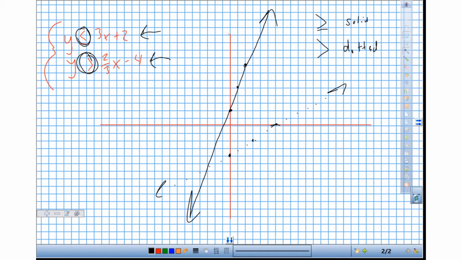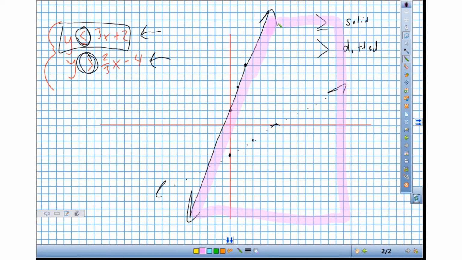Since this top one appears to be pointing towards the 3x plus 2, that tells us we're going to have to shade everything that's below this line. Because inequalities mean that I have a bunch of values that will work. So here's my original line. I'm going to have to shade with some type of pencil everything below that line. Okay, so I'm just shading everything below.